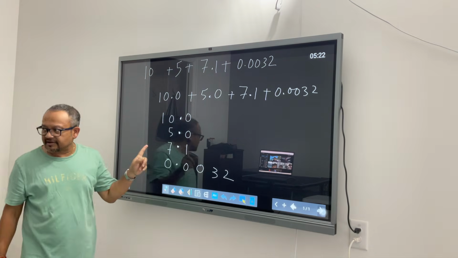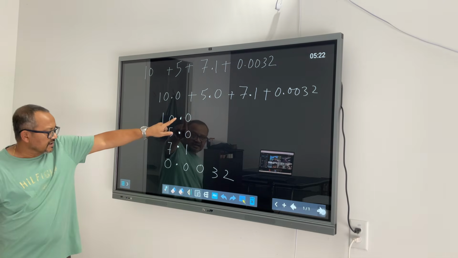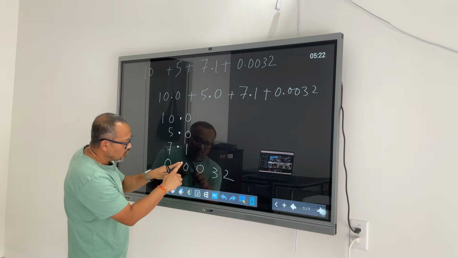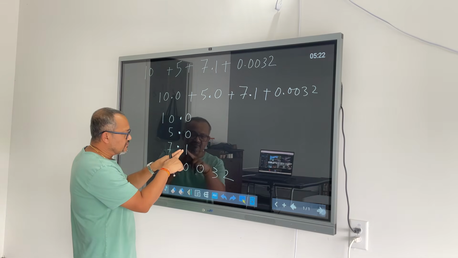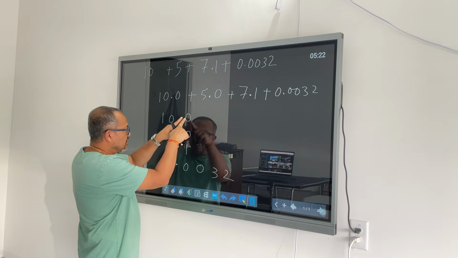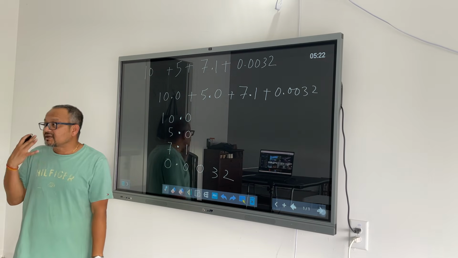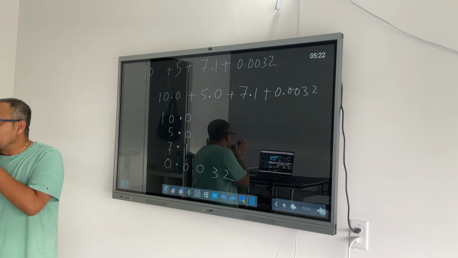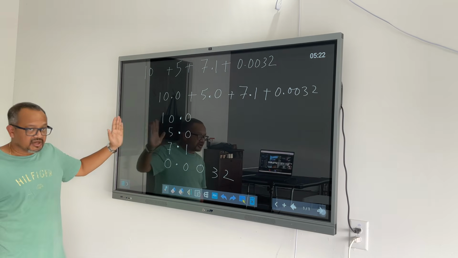Now look at it. What is happening is, here you have 1, 2, 3, 4 digits after the decimal. Here you have only 1 digit, here only 1 digit, here only 1 digit. And it looks kind of odd. But decimals give us the flexibility to add as many zeros as we want towards the end or in the beginning.